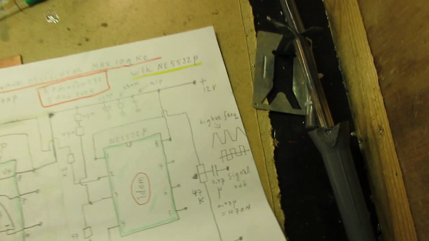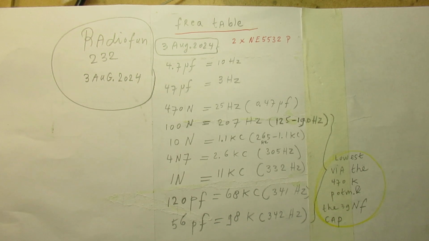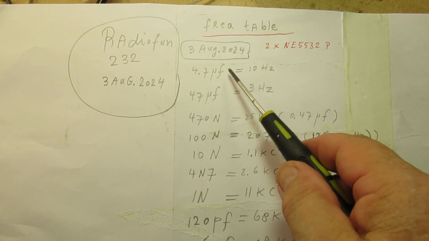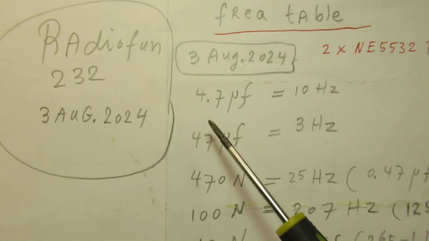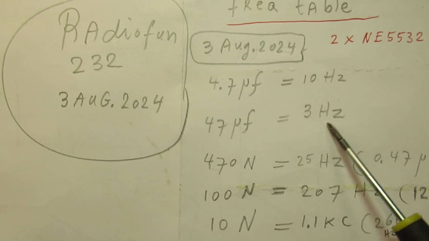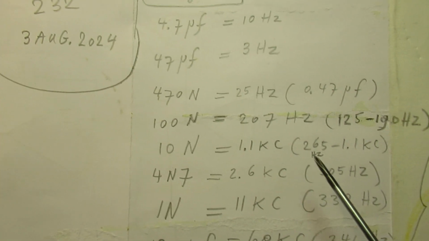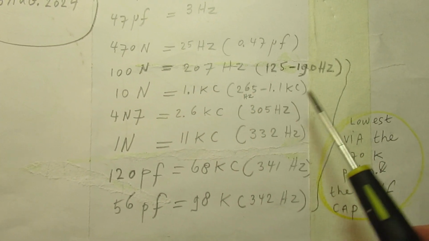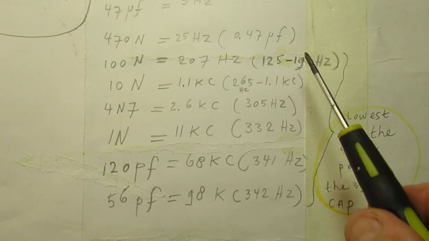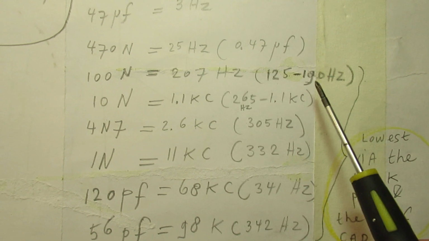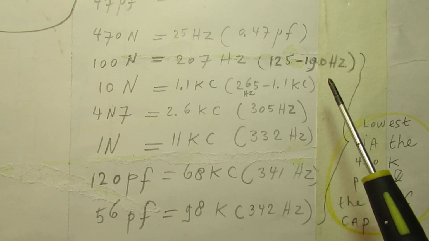The frequency table is perhaps interesting to show, and it's here. These are the basic frequencies: 4.7 microfarad, 10 Hz, 47 microfarad, 3 Hz, etc. But when you turn that potentiometer that I've talked about, the frequency will change. You get a bigger frequency band.